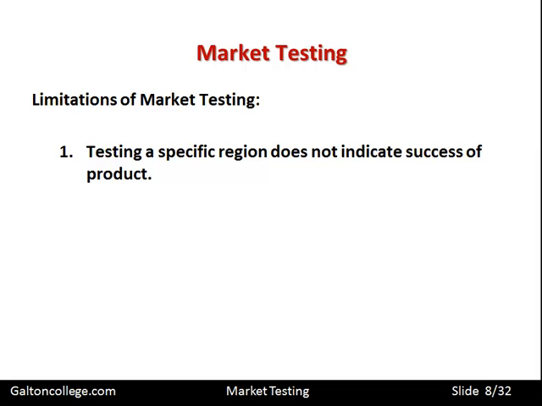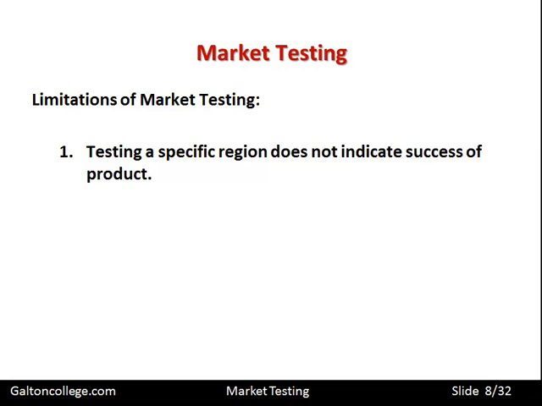For example, let's say in a particular country there are some industrial areas and some agricultural areas. Well, if the product is tested in, let's say, the industrial areas and does well, does that mean it will do well in the agricultural areas of the country as well?